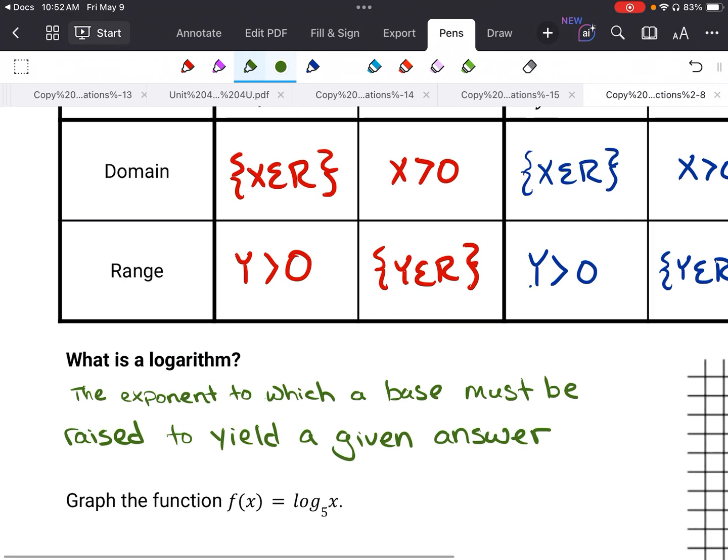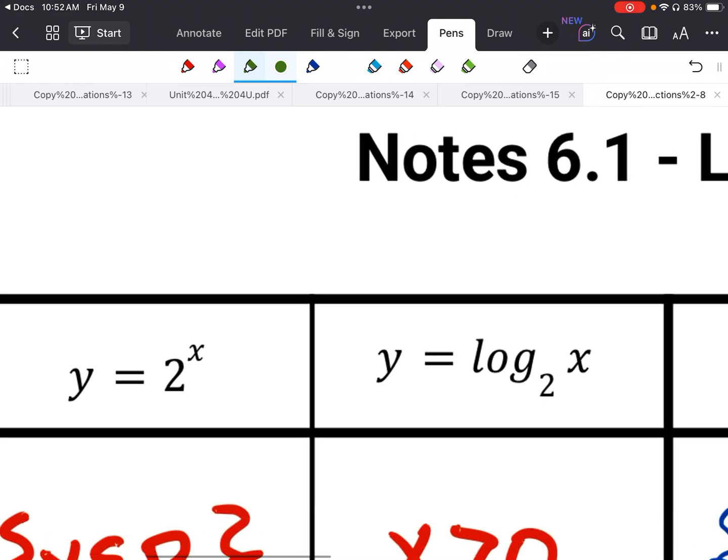So basically, if we look back up here, base 2 with the exponential, you could have 2 to the power, let's say x is 3. So 2 to the power 3 equals 8. So y would be 8. With the logs, the x and the y switch. So it would say, what is y when log base 2 is 8?